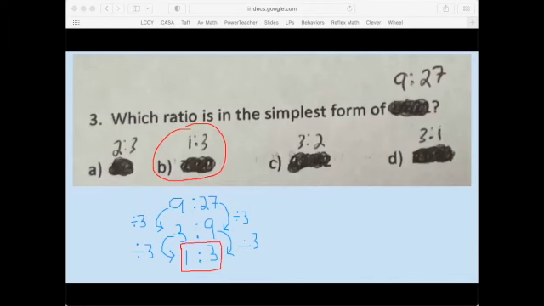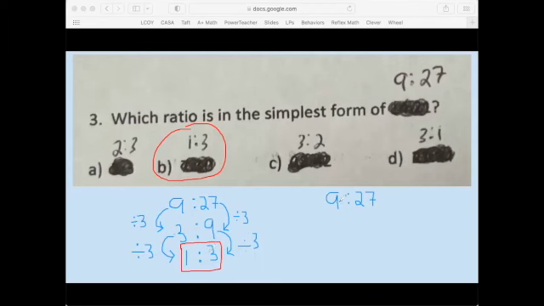I also want to state that there's another way to do this. I'm going to start off with the ratio 9 to 27, and we need to simplify that. I noticed that I could divide both 9 and 27 by 3, which I did, and then I noticed that I could divide 3 and 9 both by 3 again, which I did. And then it was simplified.